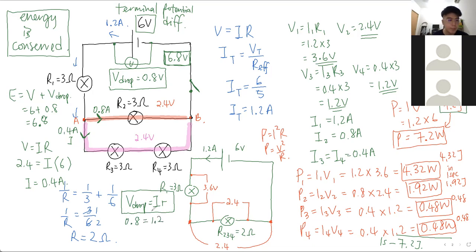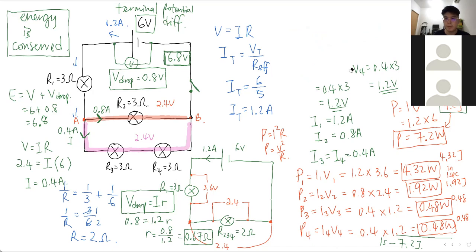We use the same current as the circuit. So 1.2 R. R equals 0.8 divided by 1.2 equals 0.67 ohm. 0.67 ohm is the internal resistance.